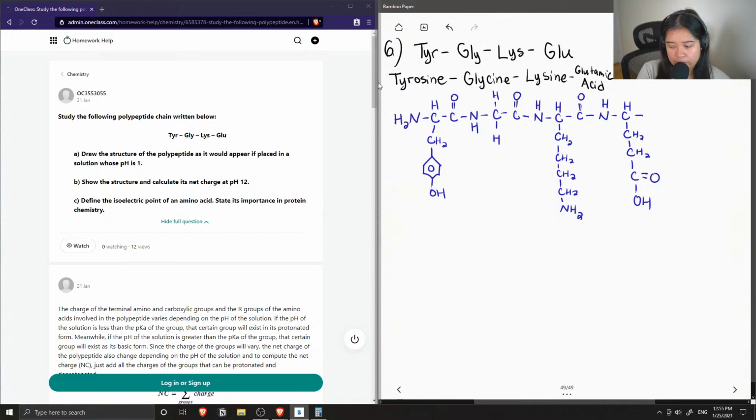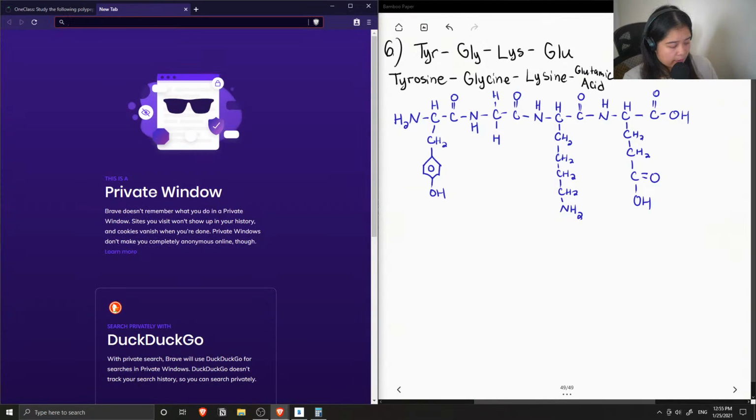And I'll also draw out the end of the polypeptide chain, which is its carboxylic acid group, like that. Okay, so now that we have the structure written out, we're going to look up the different pKa values of these amino acids.